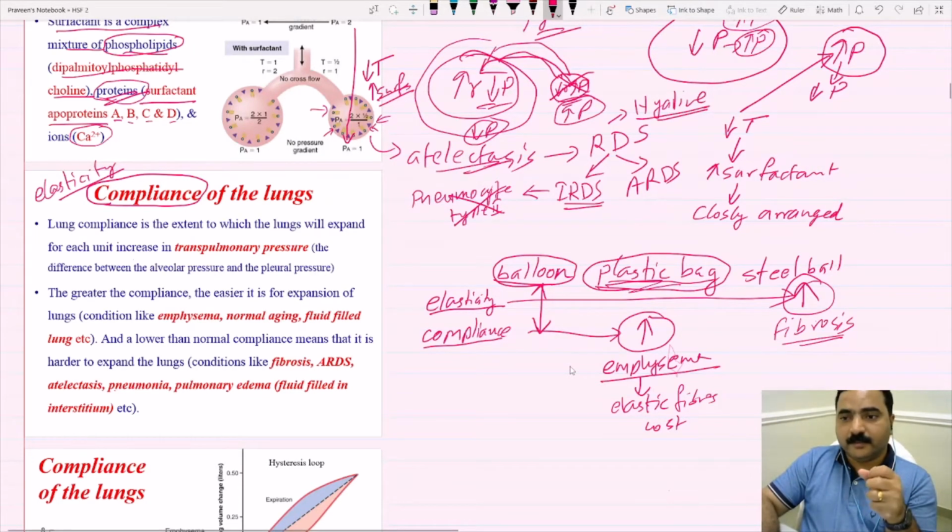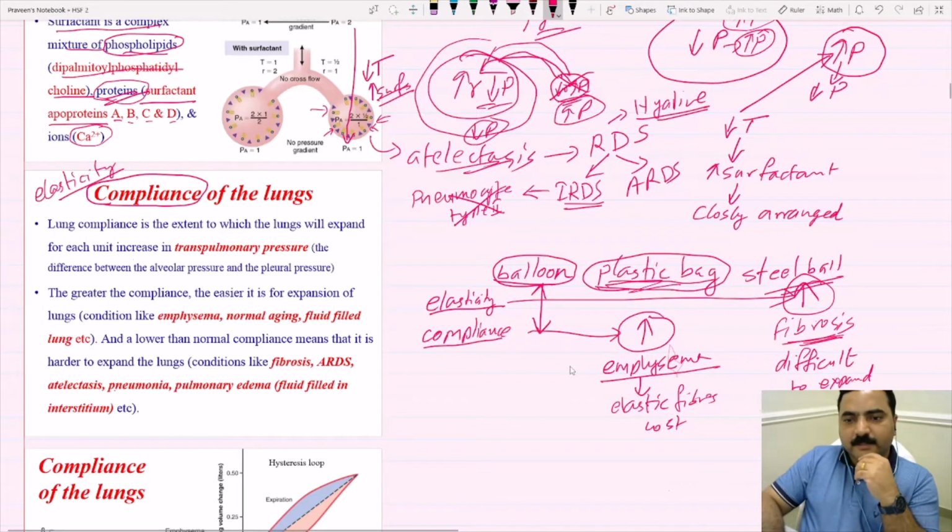This is in the interstitium of the lung, and this fibrosis will make it a hard lung. It's not easy to expand. So it becomes difficult to expand, like a steel ball. If the lung becomes fibrous, it becomes difficult to expand.